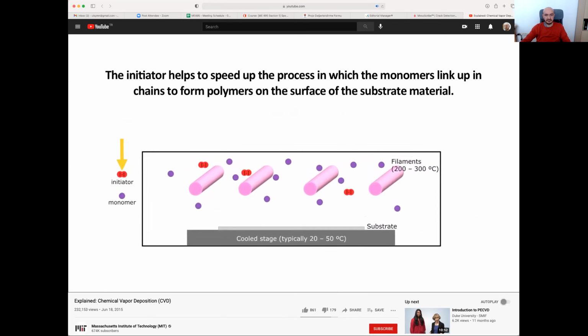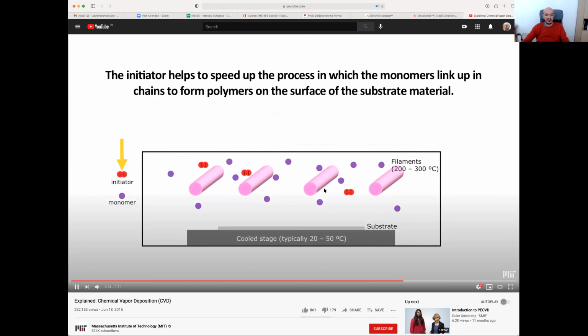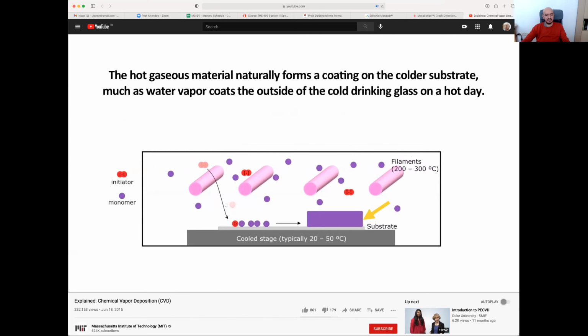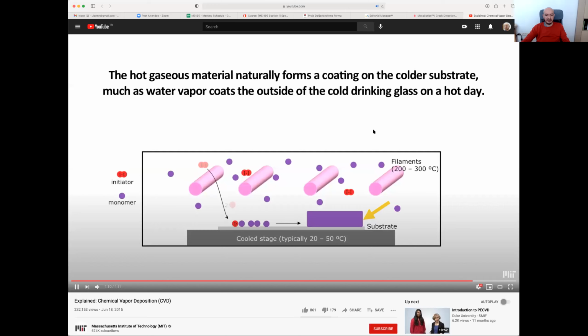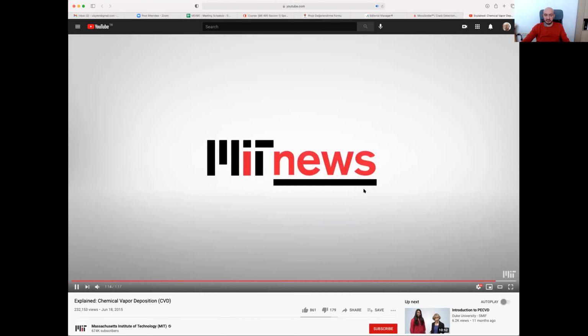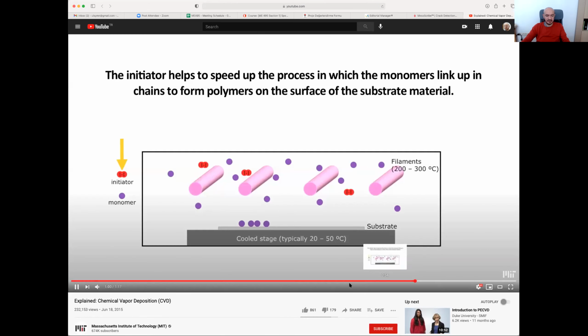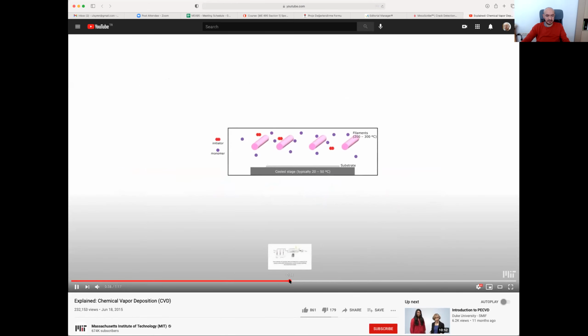So in this chamber, polymer is formed. And then once you have the proper material formed, they will be covering the surface of the part you have in this. Let me show it in this part.